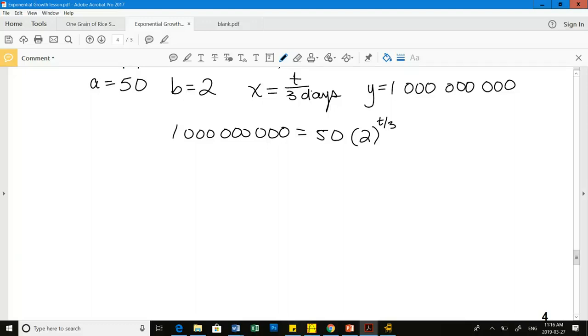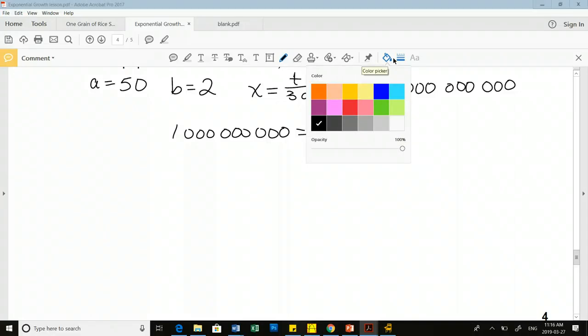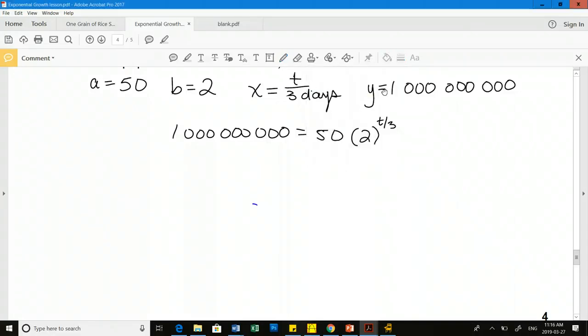But first, before I do that, I need the base and the exponent to be alone on one side. So I need to get rid of this multiplication of 50. How do I get rid of a multiplication of 50? Okay, so I'm going to divide both sides by 50 so that I can isolate the base and the exponent over on the right side here. I'll be left with 20 million, I believe, on the left side.